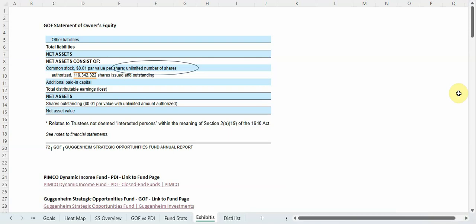In a lot of other closed-end funds, as you can see here from the GOF Statement of Owner's Equity, they currently have 119,342,000 shares outstanding. But in the line item above it, you can see that they have available to them an unlimited number of shares.